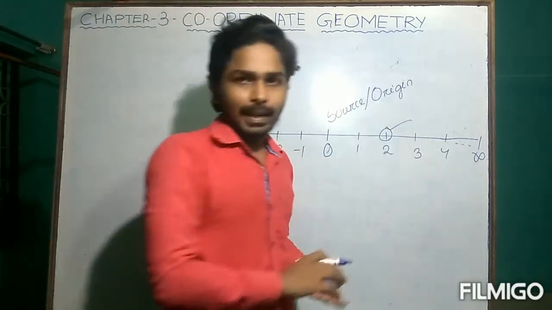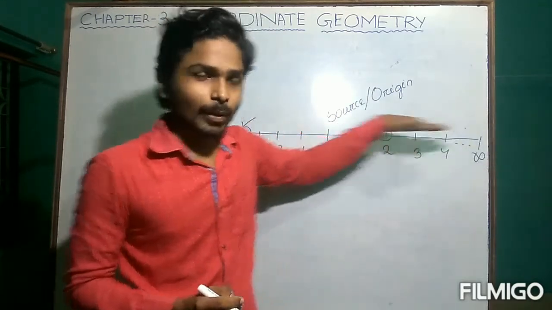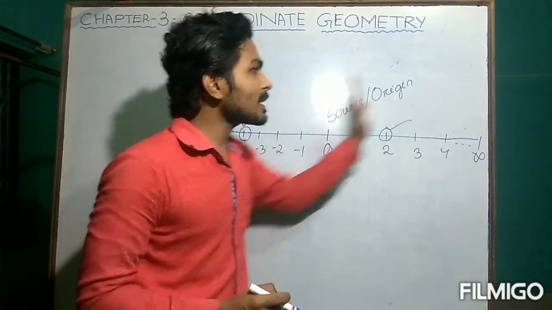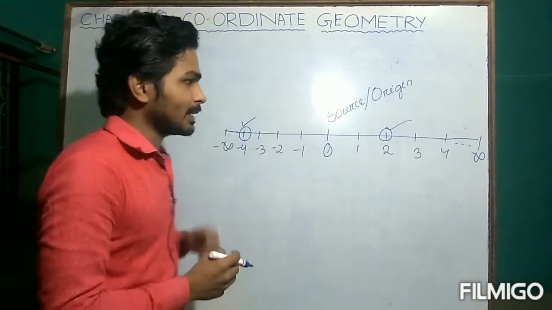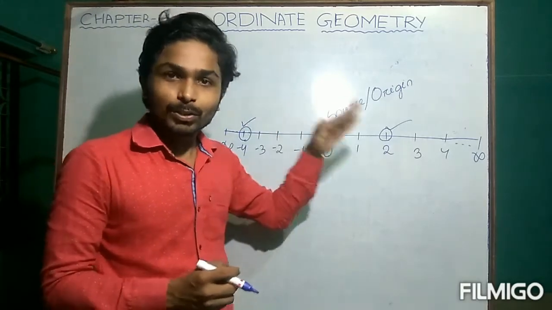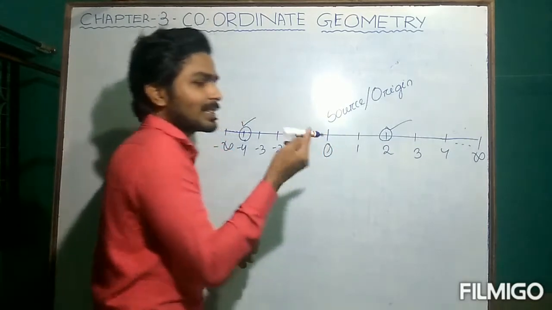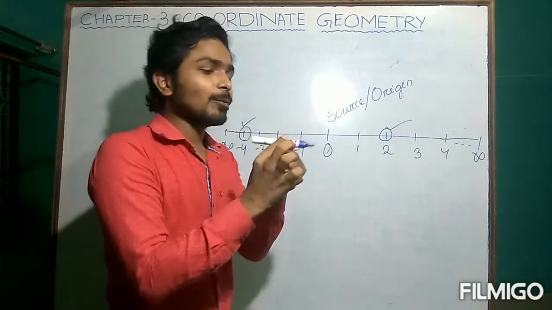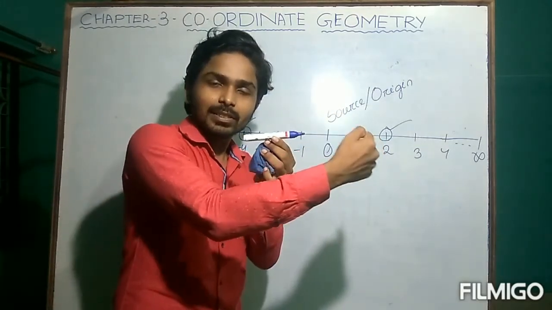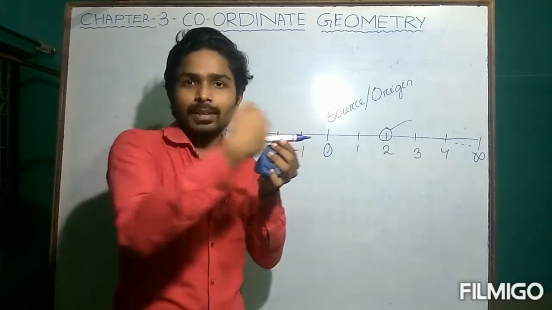So in a number line we have to move in a line, either towards the right or towards the left. That means in a number line we move through one direction. If this is the line, then we move either in this direction or this direction, that is, in a single line.